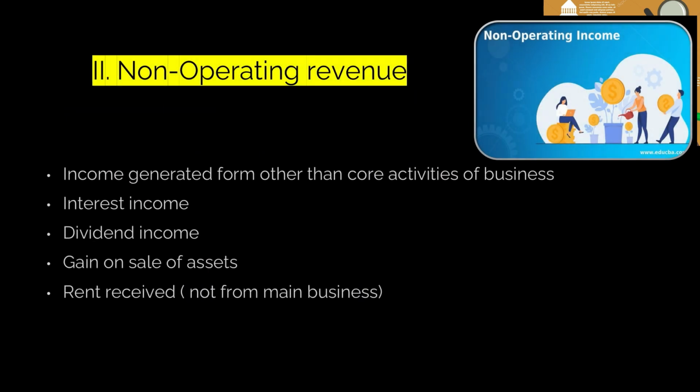Now there is the non-operating revenue. The non-operating revenue is generated from activities other than the core activities of the business. It's very clear because it's not coming from the main source of the business. For example, as I gave you the car wash, mainly the car wash revenue comes from car wash service.